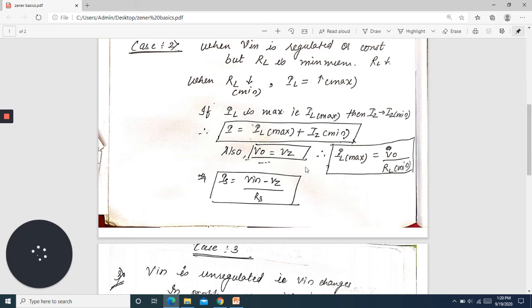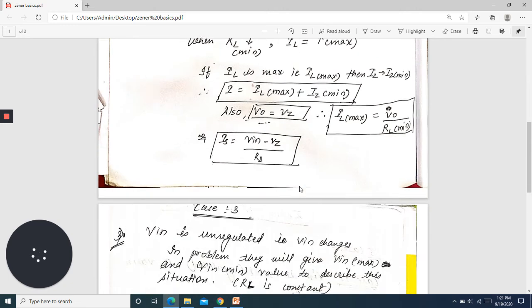What will be the IL max? It will be equal to VO by RL minimum. These values, RL minimum and RL maximum, will be given in the problem itself. Now what will be the IS? As per our above formula, it is equal to Vin minus Vz by Rs.